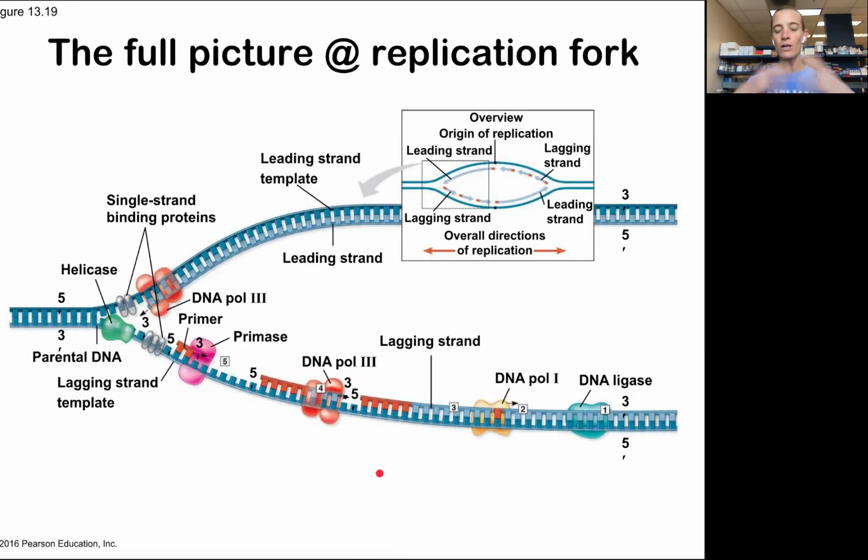And so that's pretty much what happens in the replication fork, right? You're going to have a leading strand where somewhere there was a primer that allowed to initiate this whole leading strand synthesis, and you will also have several primers synthesized by the primase that will allow the DNA polymerase to synthesize these Okazaki fragments in the lagging strand.